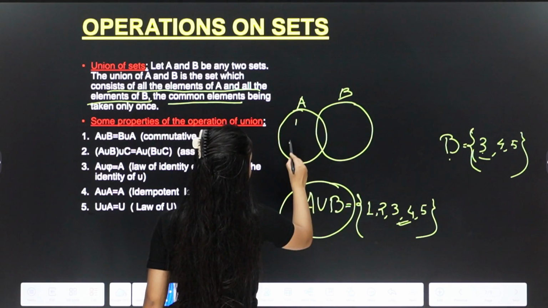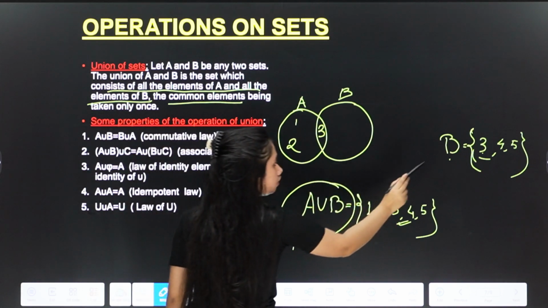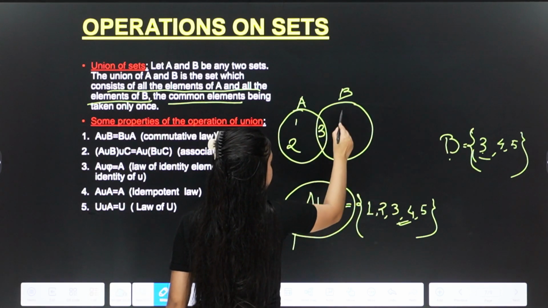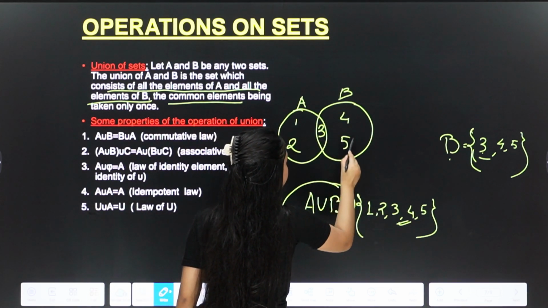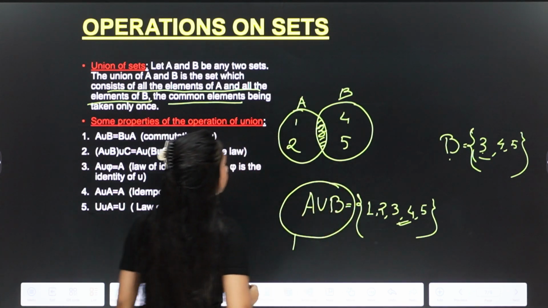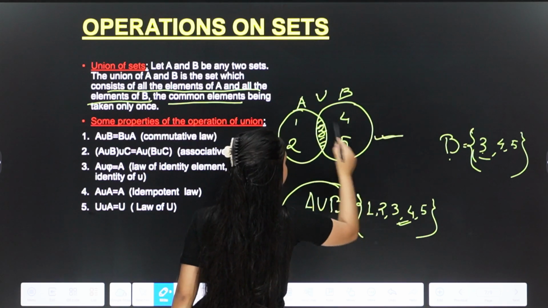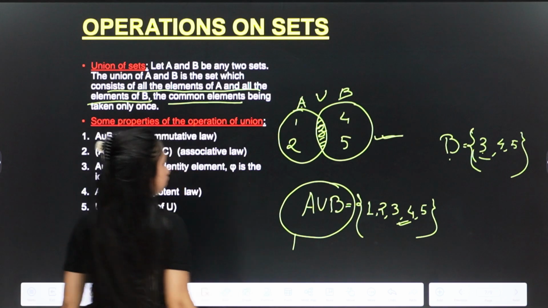And B consists of 3, 4, 5. 3 is already present, so we will write 4 and 5. Since 3 is the common portion between A and B, this represents A union B. This is the Venn diagram for A union B.